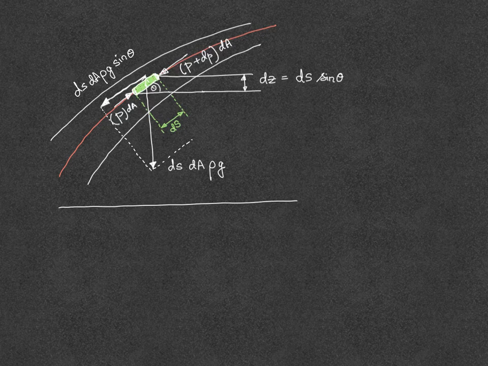The force due to pressure and the component of the weight. There is one more component of the weight, I'm just drawing it, but regarding calculation we are not interested in that. So the equation of motion will be similar to that of a particle climbing up the inclined plane.